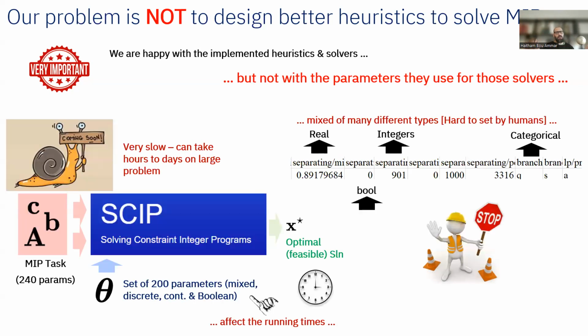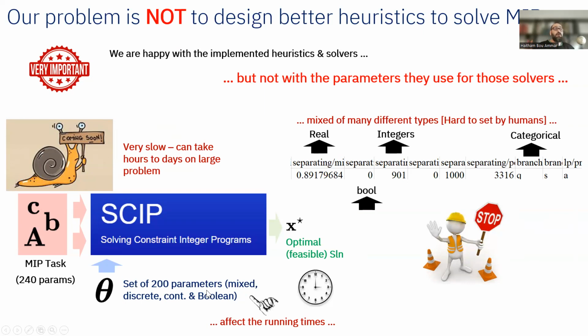There's an open source solver called SCIP, where you can provide an MIP task by giving it the matrix A, the vector b, and the vector c. The vector b and matrix A are for the inequality constraints, and c is for the cost. And then you would also give it a set of hyperparameters.